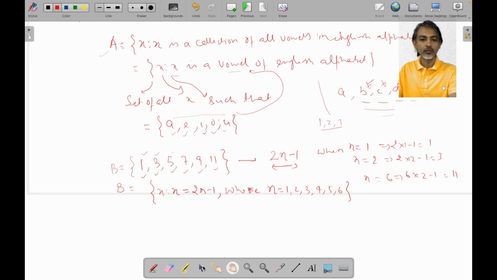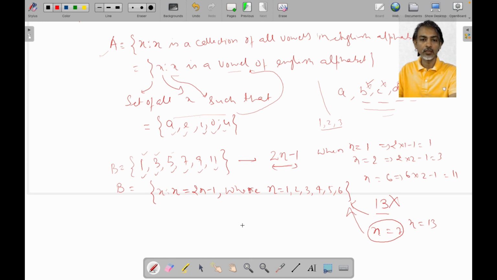So if someone asks, okay, does the number 13 belong to this set? So we will see, okay, 13. First of all, what is my variable x? Is there any value for which this will become 13? Yeah, for n equals 7, my x will become 13. But n equals 7 is not part of this set, so 13 is not part of this set, right?